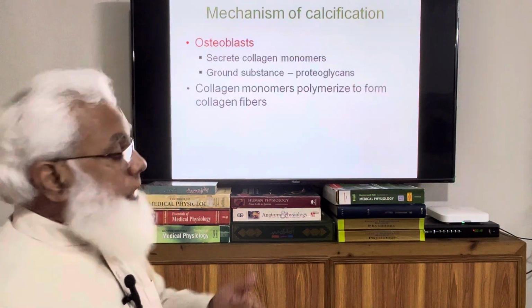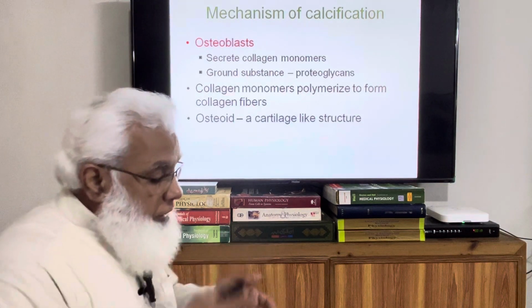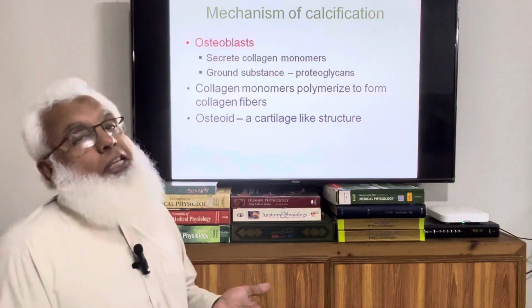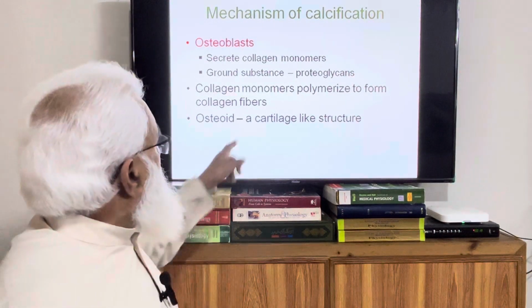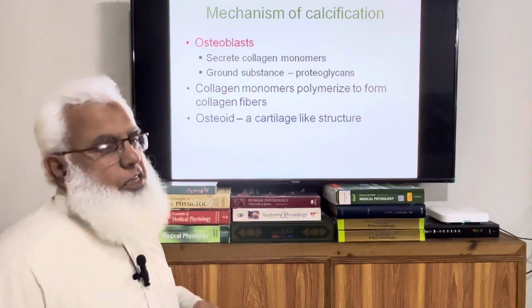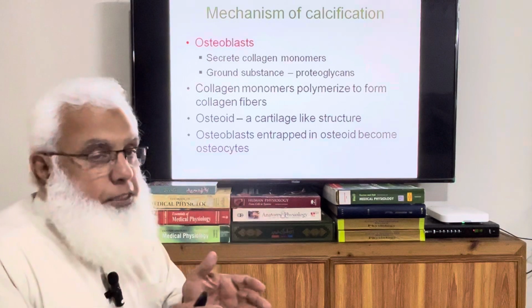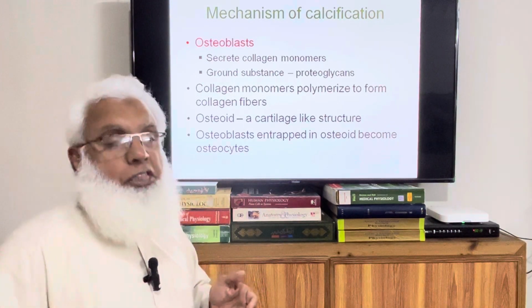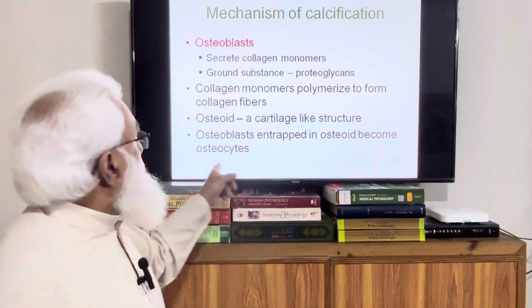The collagen monomers polymerize to form long fibers, and these long fibers overlap each other and form an osteoid structure. You must have seen in your histology slides that a cartilage-like osteoid structure is initially laid down, and osteoblasts are entrapped. Osteoblasts lay down the collagen fibers and form the osteoid, then they are trapped and become osteocytes.